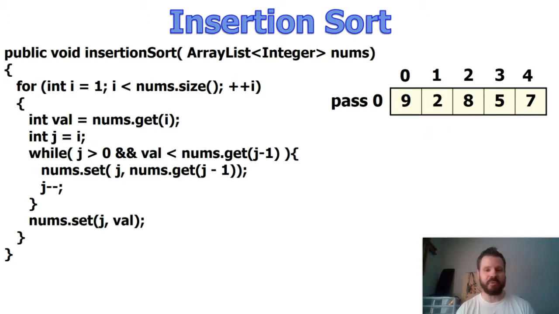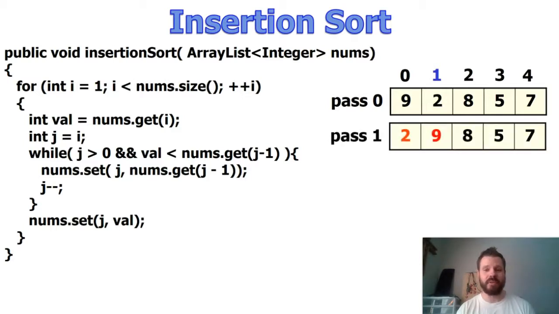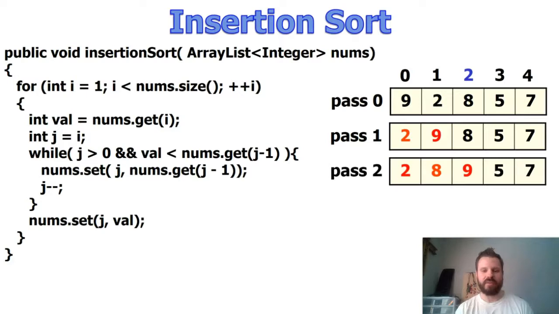First time through, the index is 1, and we're going to get everything up to 1 in order. In other words, we're going to swap the 2 and the 9. Second time through that outer loop, my index is now 2. What the inner loop is going to do is get everything from 2 and below in order. It's going to take the 8 and put it in the right spot, and then end up with that right there.